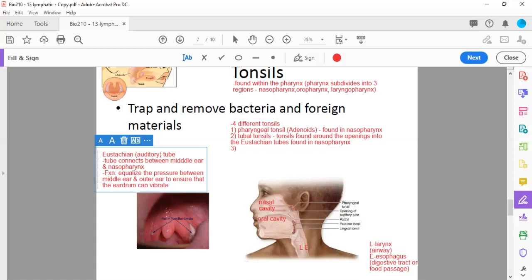If the pressure within the middle ear is higher than the outer ear, you can feel that your ear is muffled, so you can't hear anything.